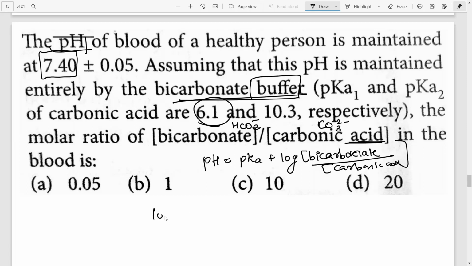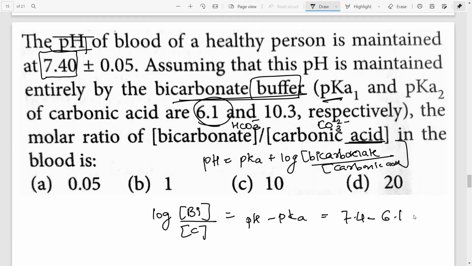Now, to find this, I'll just write in short B and C only. And this is equal to pH minus pKa. So the pH is given as 7.4 and pKa is given as 6.1. So minus 6.1, that comes out to be how much? This is 3 and this is 1. So 1.3. You have to basically find out now the anti-log.